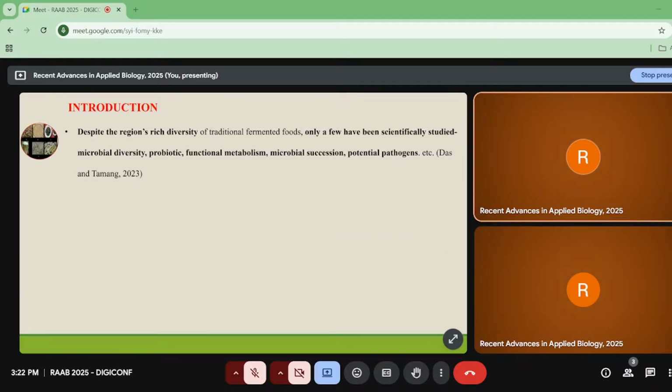Although our region has lots of different tribes and different fermented foods, only a few scientific studies have been done on those foods in a proper, systematic way, like microbial diversity, probiotic level, functional metabolism, how microbial succession happens, how those microbes came to the fermented product, and what the potential pathogens are.